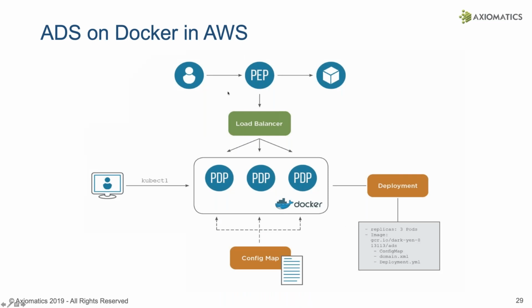So if you look at this architecture here, for example, the PEP here is the API gateway. This box is the backend API. Now the PDP can have an attribute connector to the backend API. So if it's getting a request in for record 123, for example, it can then have an attribute connector to the backend API to get metadata, additional information about record 123 here before it makes a decision.